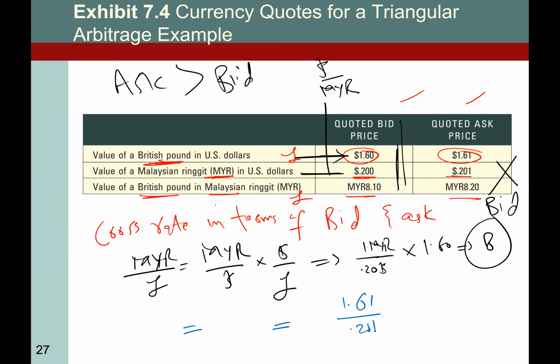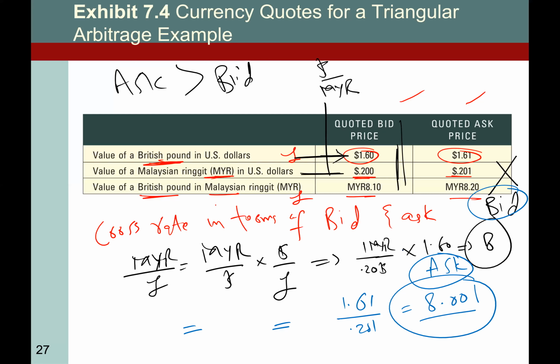Answer is 8.001. Right? So now which one is big and which one is small number? Big would be called ask, small would be called bid.